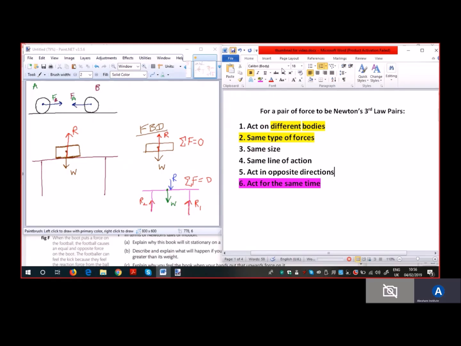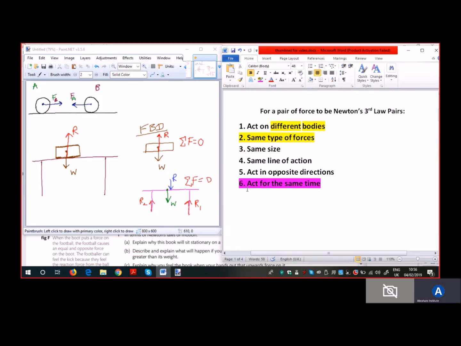So therefore it's not a Newton's third law pair. So you can use the first 2 to identify whether it's a Newton's third law pair right away, because the others can still apply even when it is not a Newton's third law pair. Any question? Sir, but still Newton's third law applies there, right?